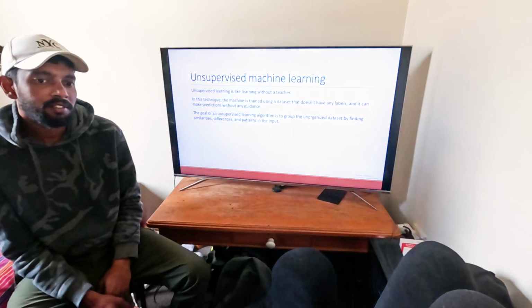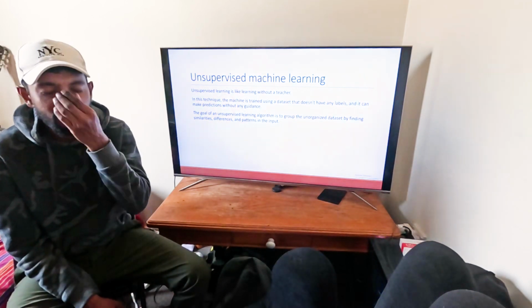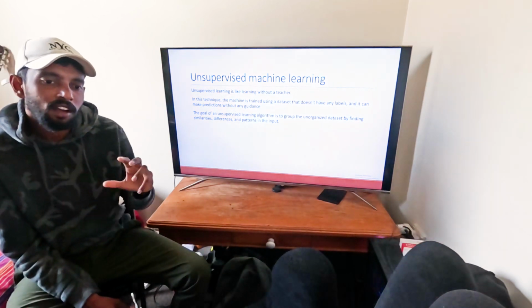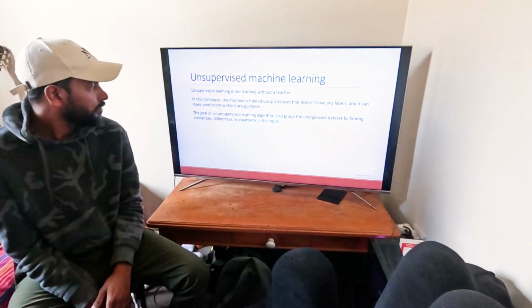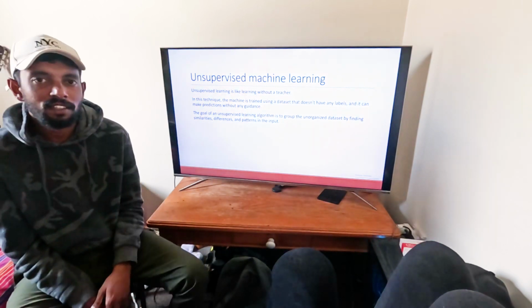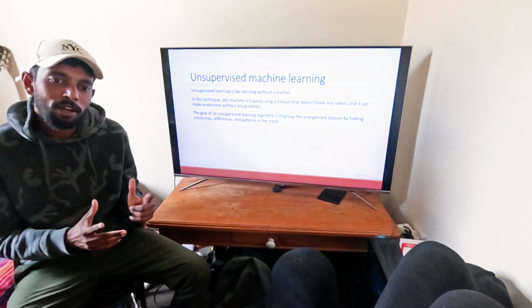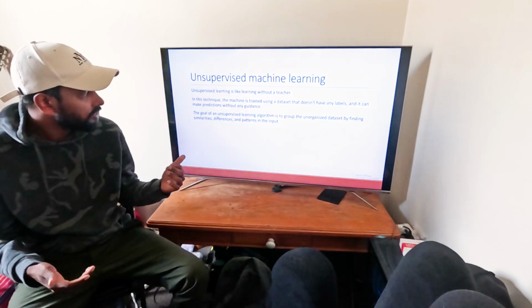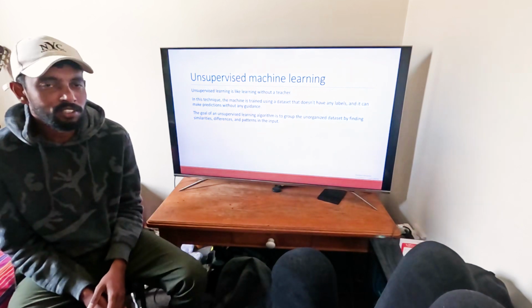We enter data without giving guidance, and the algorithm makes its own decisions to give the output. The goal of unsupervised learning is to group the data by finding similarities, differences and patterns in the output.